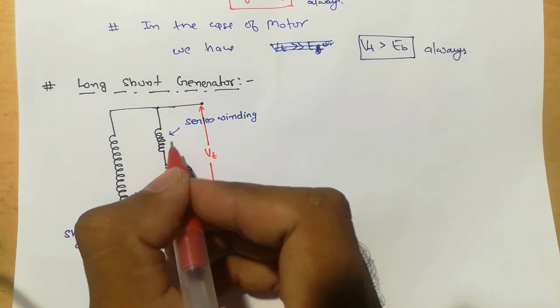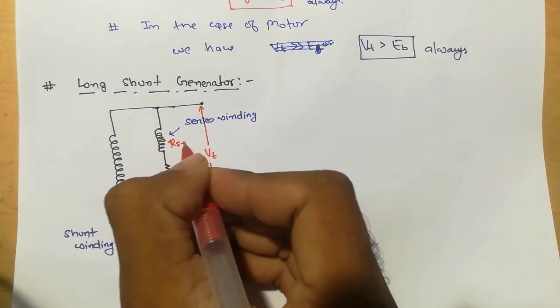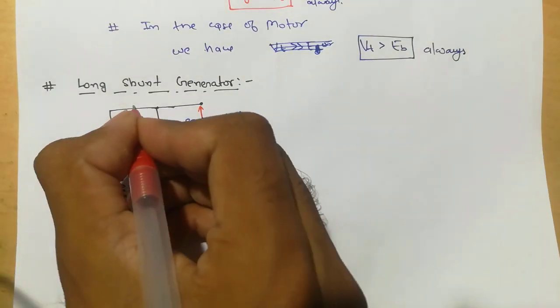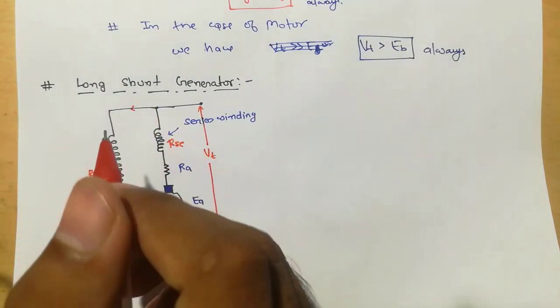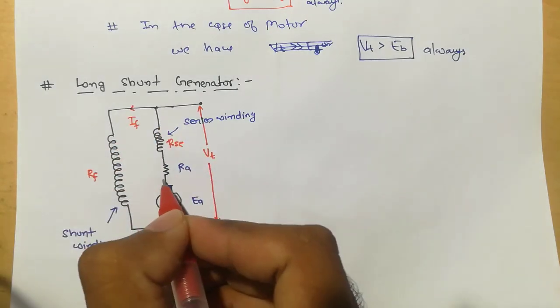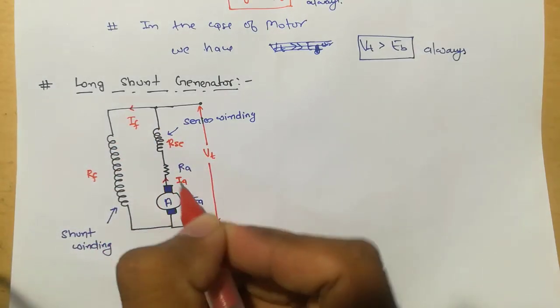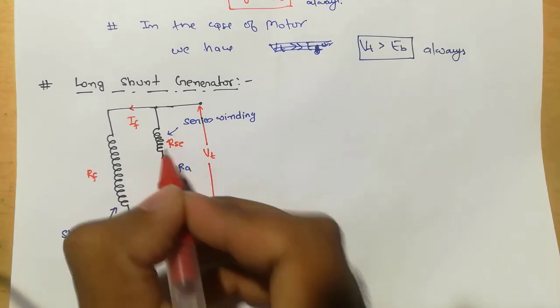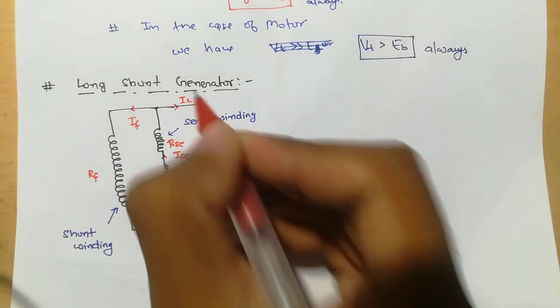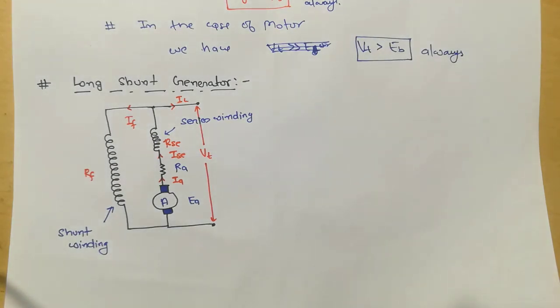The resistance of the series field winding is considered RSE, and the shunt field winding is RF. The current in the shunt field winding we will consider IF. Current through the armature is IA, current through the series winding is ISE, and here is the load current. So this is the notation for the long shunt generator.